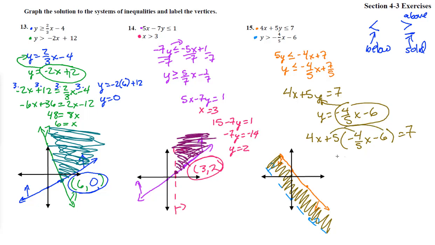Distribute the 5 in, and we get 4x minus 4x minus 30 equals 7. 4x minus 4x, negative 30 equals 7. This is absurd. There is no solution. There we have it. All righty.